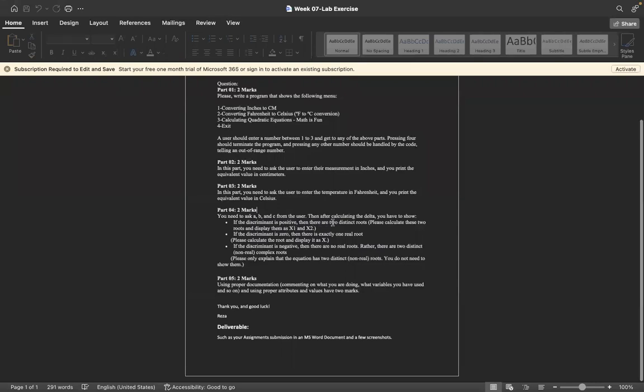So the teacher is looking for the values as well, because he said calculate these 2 roots. Yes. Please calculate these 2 roots and display them as x1 and x2. If the discriminant is 0, then there is exactly 1 real root. Please calculate the root and display it as x. Well, he is telling us to display it as x1. Yeah, but there aren't any values.